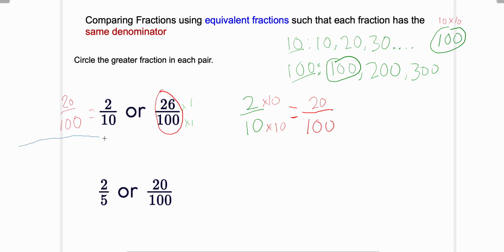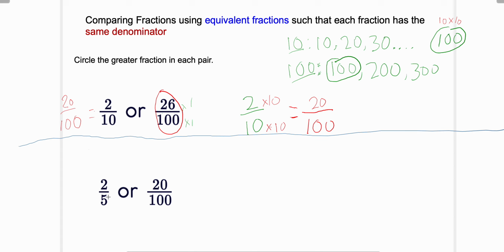Okay, I hope that you are able to pause the video and try out the next one for yourself. So now we're comparing 2/5 or 20 hundredths. All right, so again, step 1, look at your denominators. Notice that they are different, and this is a problem.